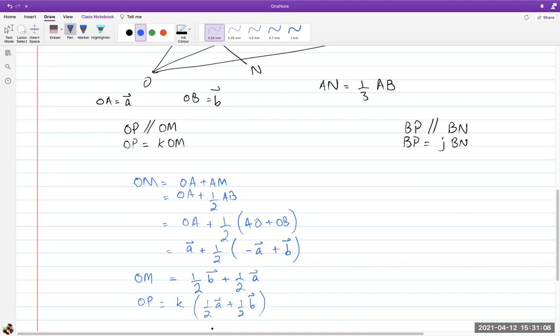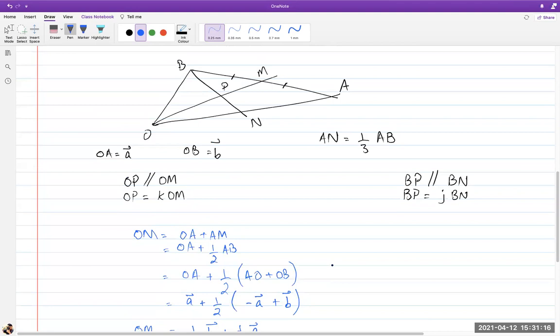So please could you explain this example again? Which part, sir? वहाँ से OM से. OM से. So basically I wanted to find OM. And OM I know is going from O to A, then going from A to M. So I'm looking at the map here.